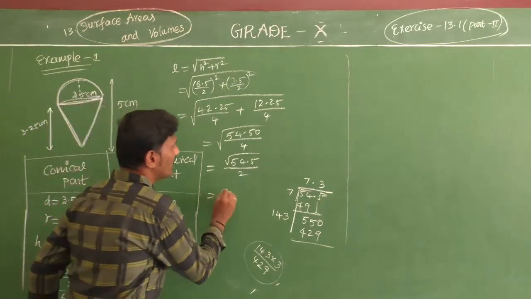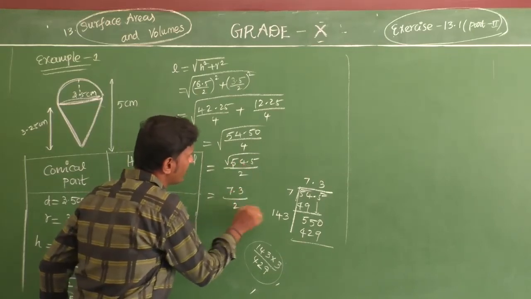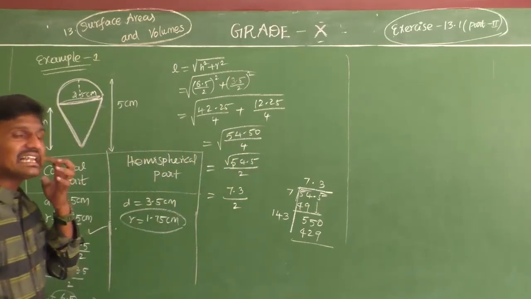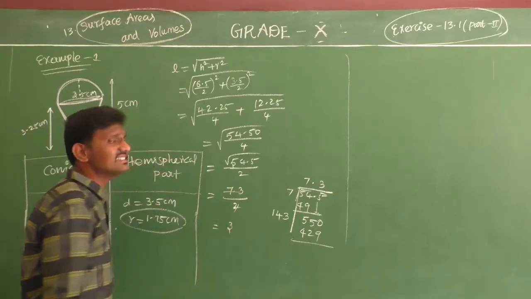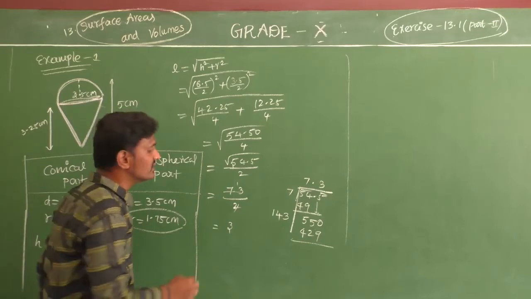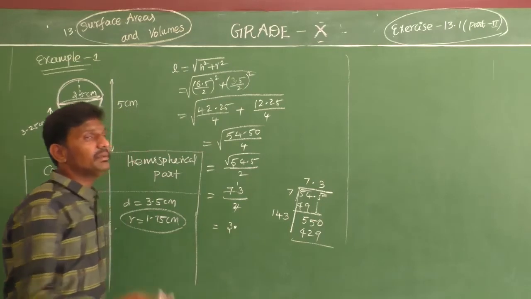So what is the square root of 54.5? 7.3 by 2. If you want to divide these two numbers to get the slant height, 1 2 is 2, 3 2s are 6, remainder 1. So 13 you are getting, student. So 3 point. What will come in between the 13?